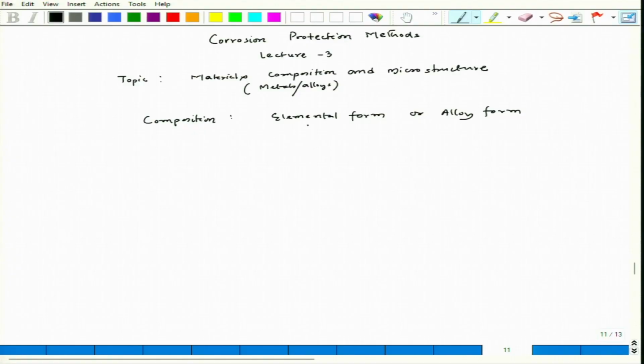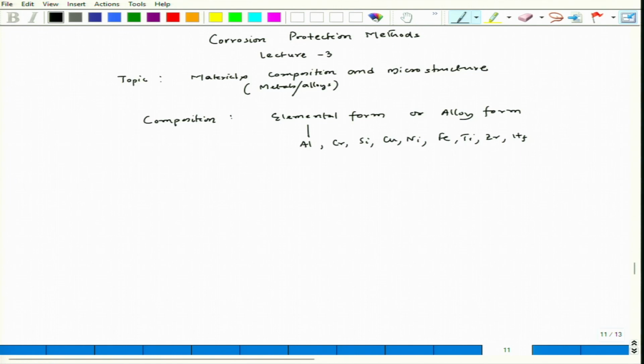There are elements like aluminium, chromium, silicon, copper, nickel, iron, titanium, and we can also mention zirconium and hafnium, and from these we make engineering components.